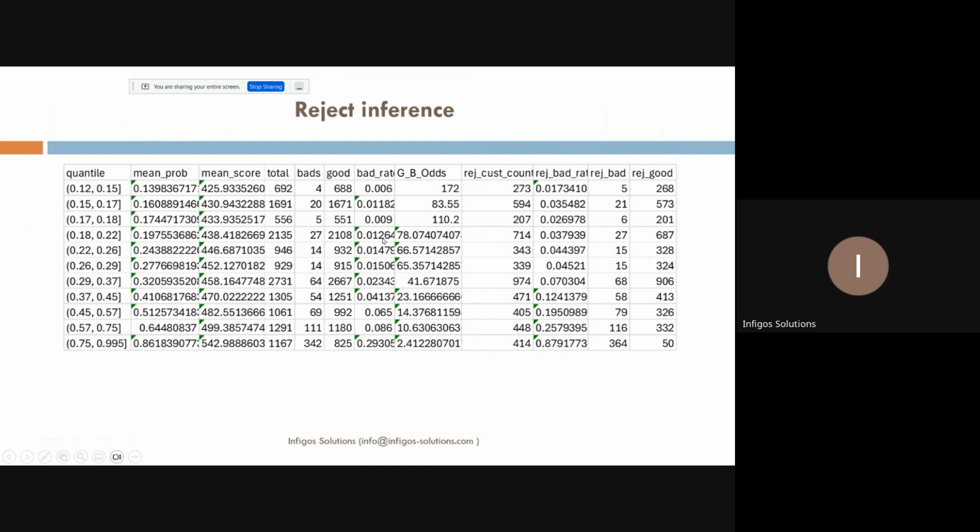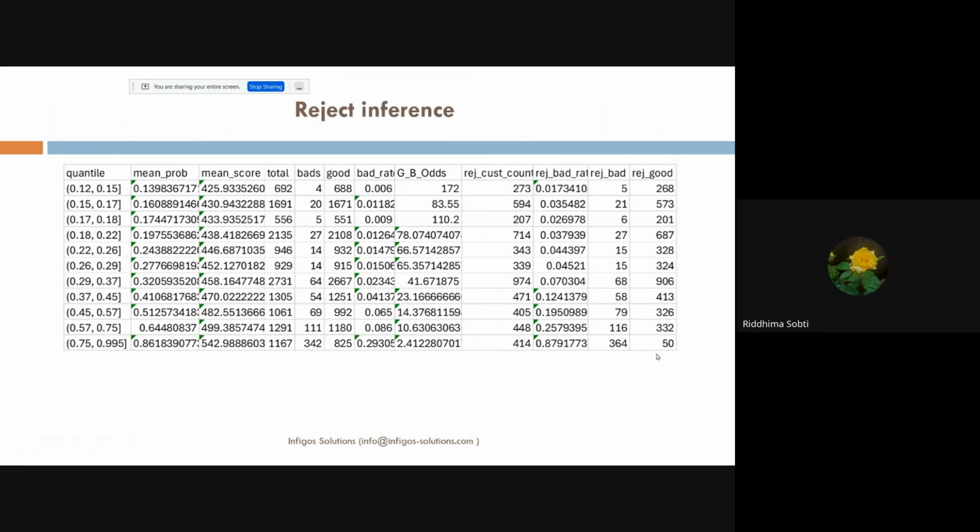So if you choose 3, you multiply by 3 to each column, and then allocate rejected bad and rejected good. The only confusion I'm having is this rejected bad rate, is it the bad rate from the new scorecard or only for the inferred population? This is the bad rate for the inferred population.